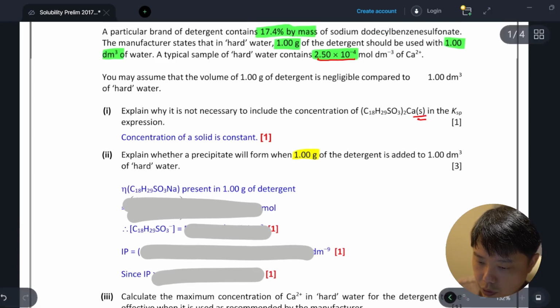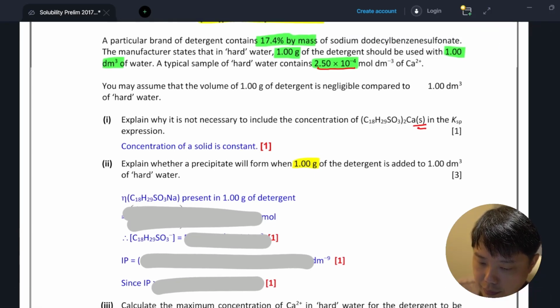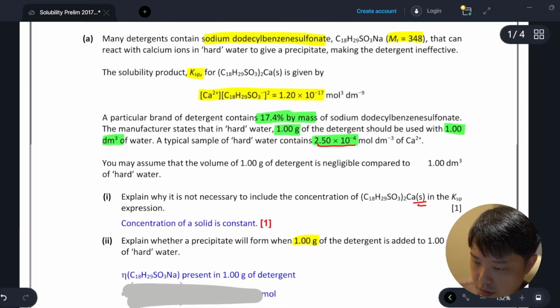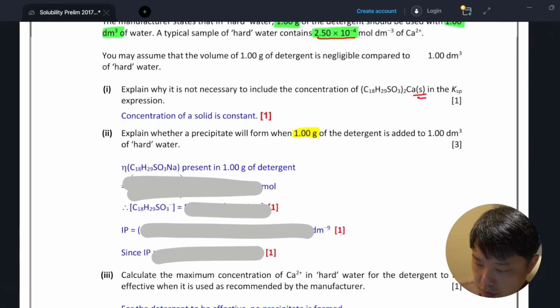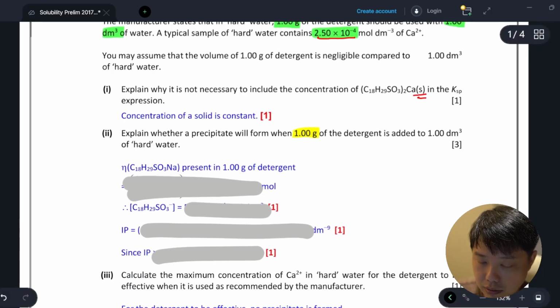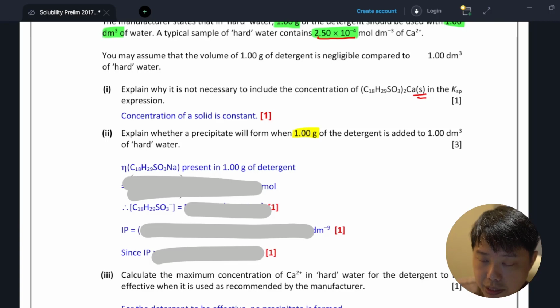We know that it's 17.4% by mass, so we just need to calculate the mass that is made out of this salt and then divide by the Mr, which is given as 348. Get the number of moles and then sub into the Ksp or IP expression.